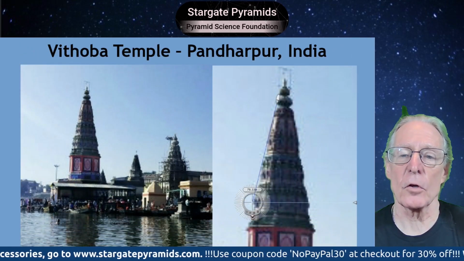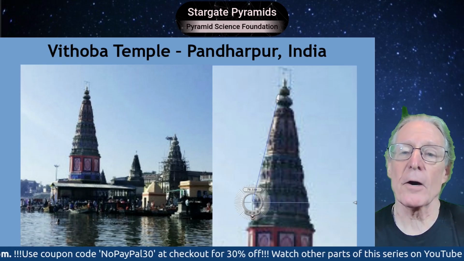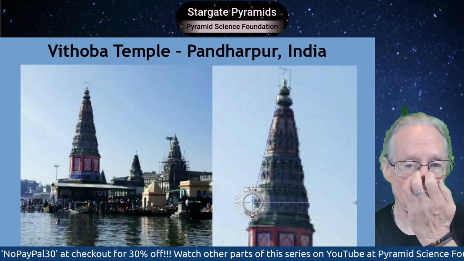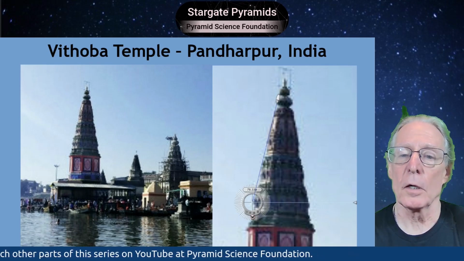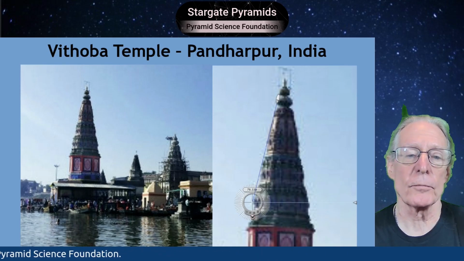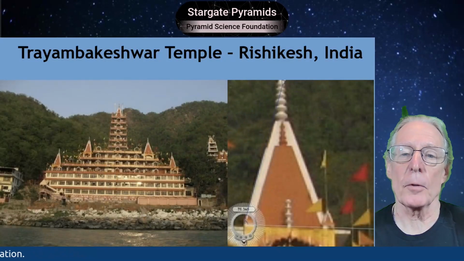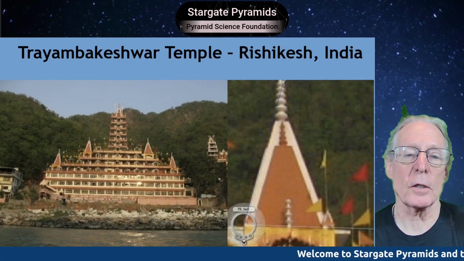Here's the Vitoba Temple in Bandharpur, India. Again, built, looks like on the water, which is characteristic of many of these temples. Here's another example, the Triambakeshwar Temple in Rishikesh, India.